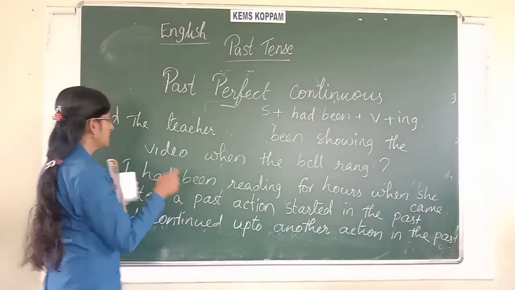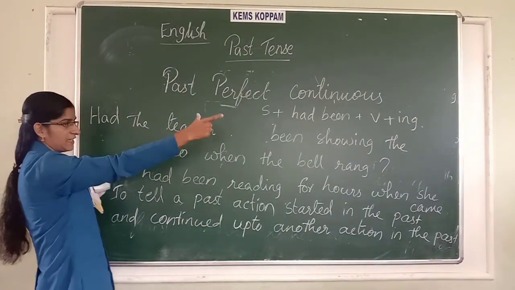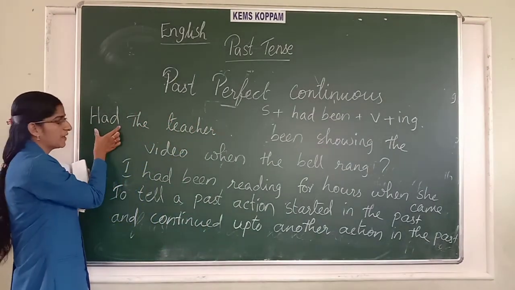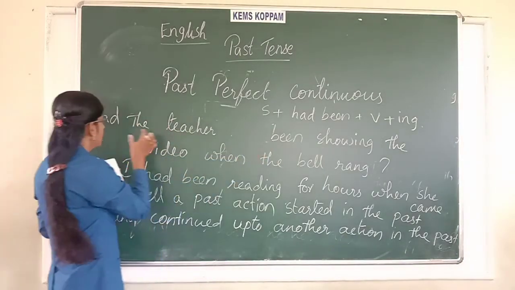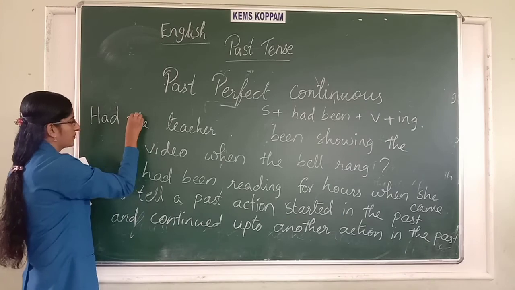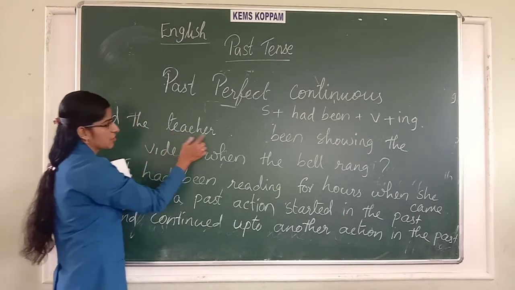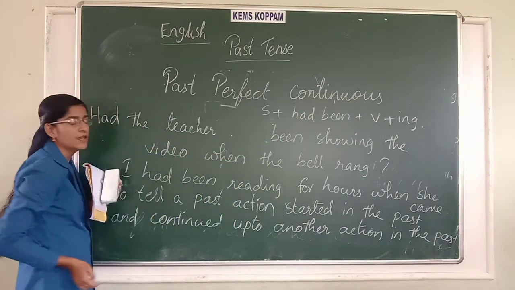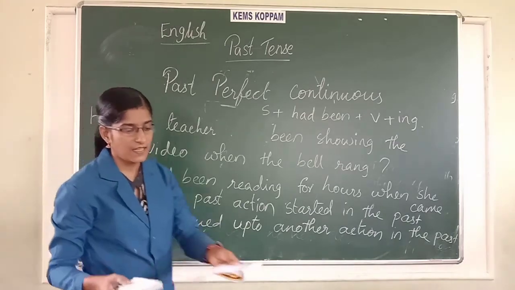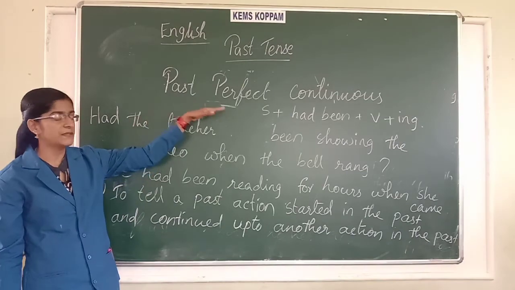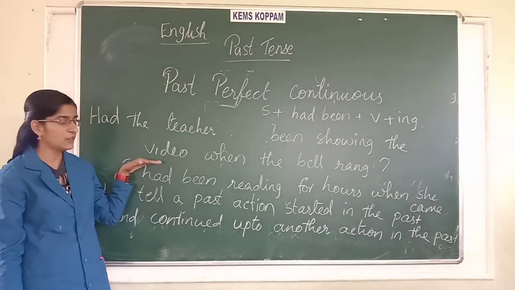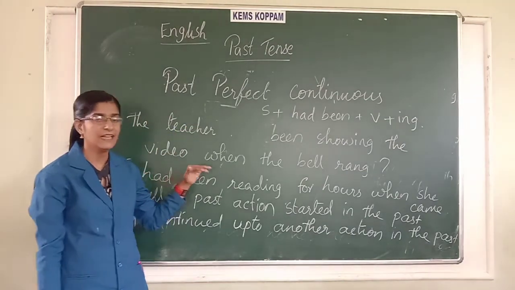Is this understood? Not "been the teacher showing the video", not like that. You have to bring the had, then write the subject, then been. Had the teacher been showing the video when the bell rang? This is how a question is formed in past perfect continuous. In order to get the negative form, just add not.